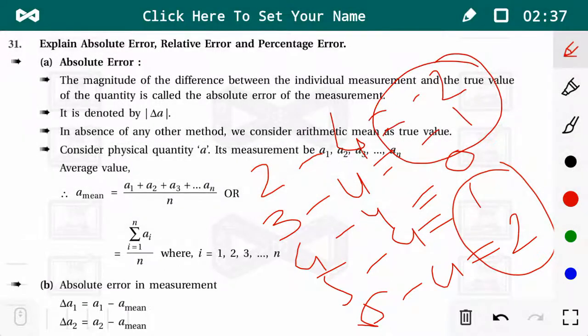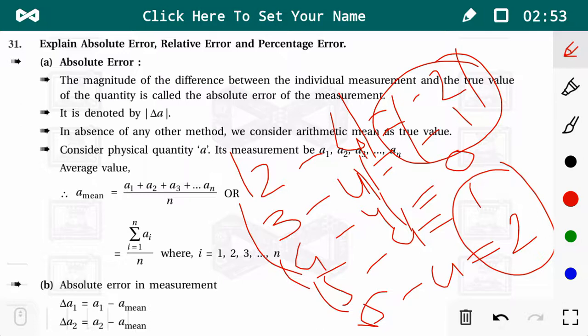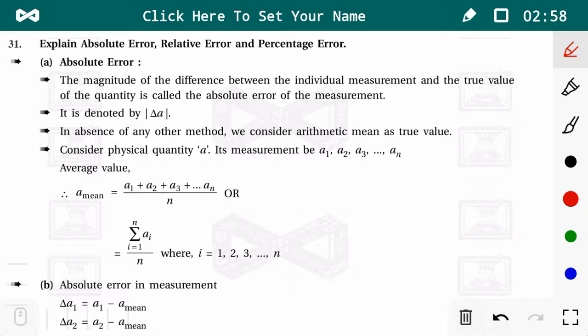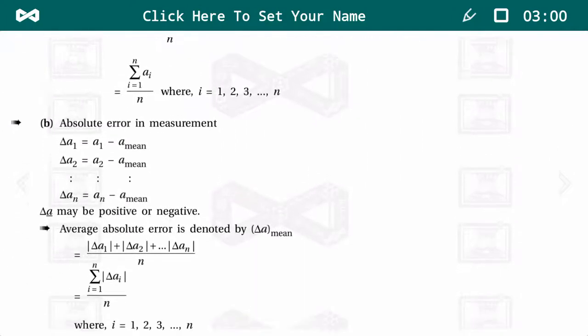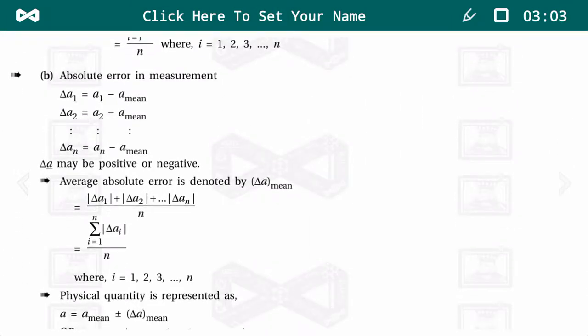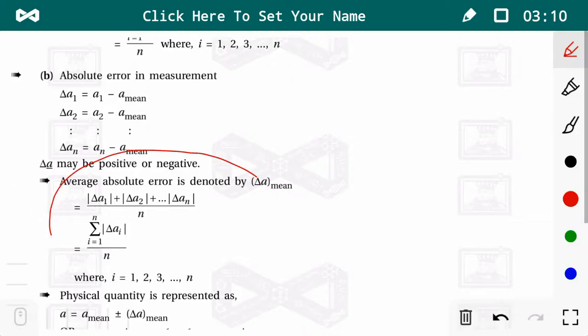Now, the mean absolute error is put in mode form, which means all these numbers are positive. Your absolute errors can be positive or negative, but when you want to find the average absolute error, it must be written in mode form, so all values must be positive.